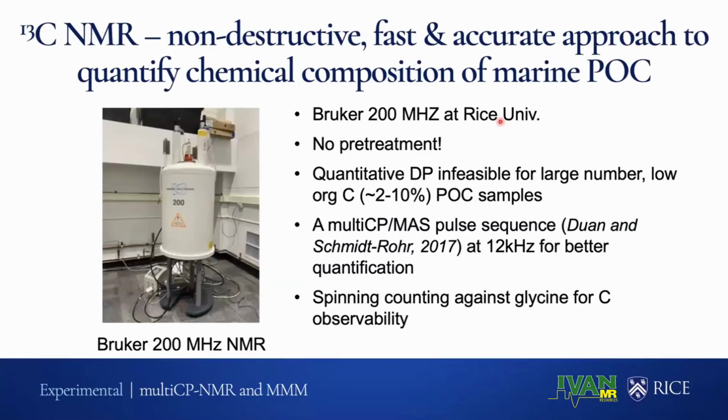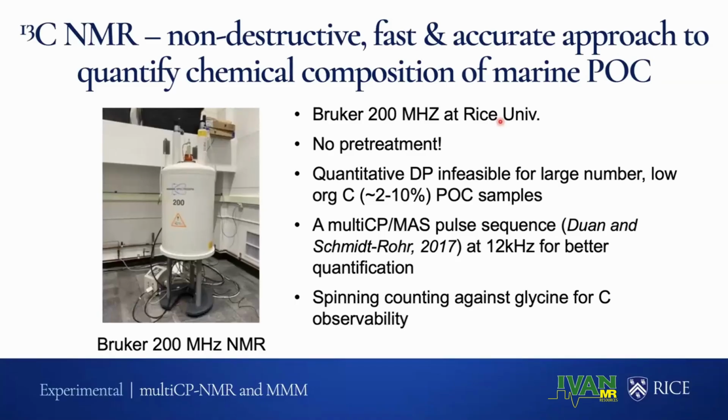Okay, we used an older Bruker 200 MHz solid-state NMR for this study. Even though the older 200 unit has less sensitivity and low resolution compared to the higher field NMRs such as 400 MHz or 600 MHz, it still works great for us, especially for soils and sediment samples, due to its high paramagnetic tolerance.